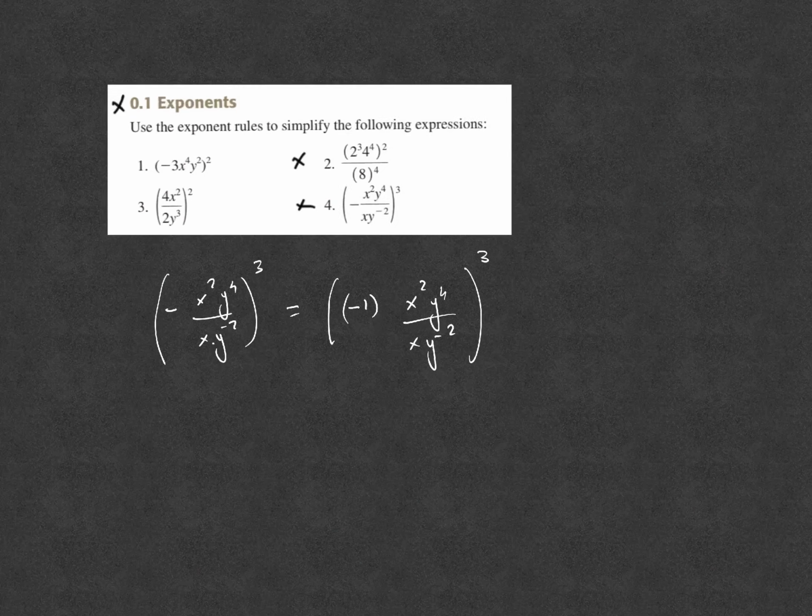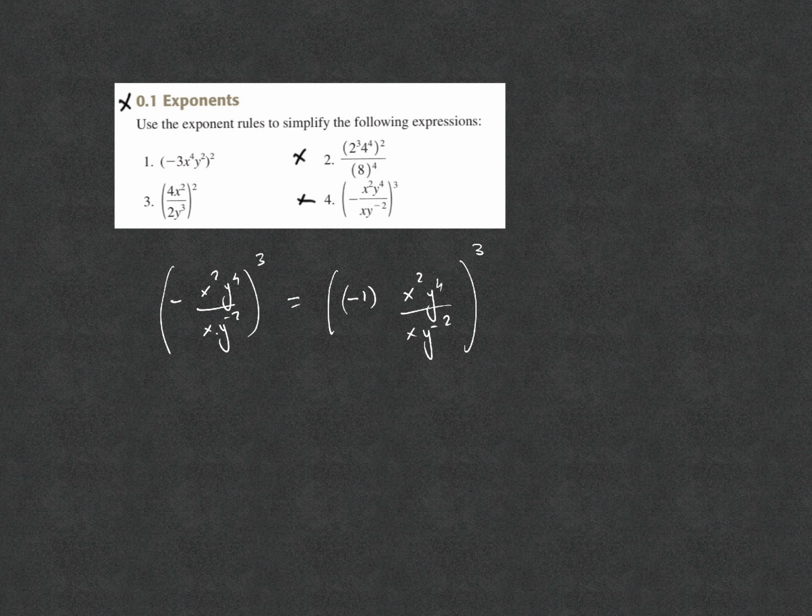So we do first the operation of raising to the power 3. It will be minus 1 to the power 3, and now x squared y to the 4 times x. Now instead of writing 1 divided by y to the minus 2, we can write y squared, because y squared is 1 divided by y to the minus 2.